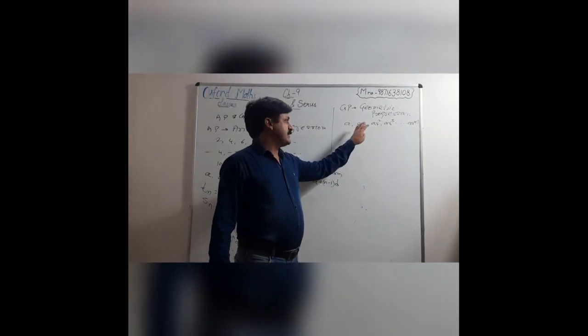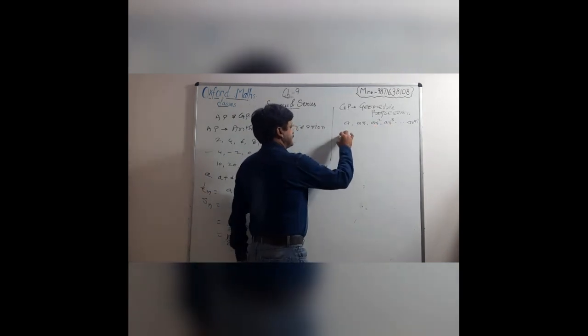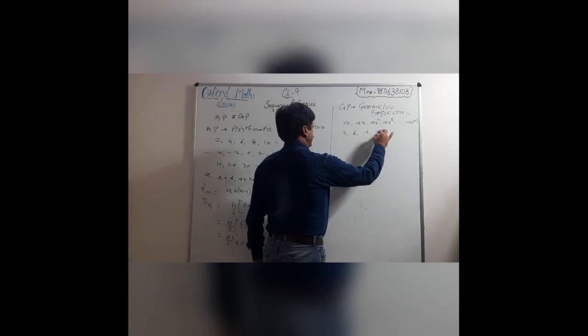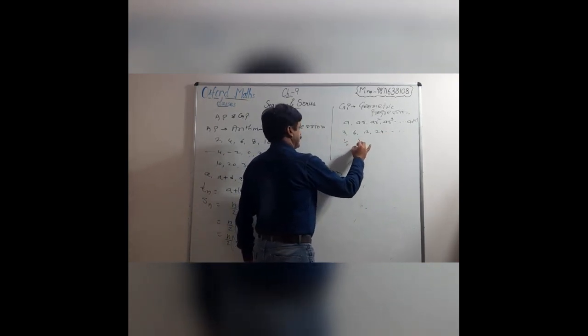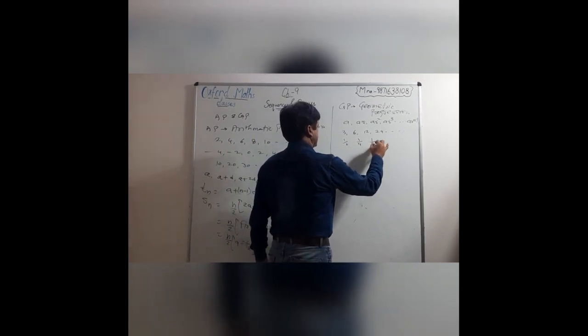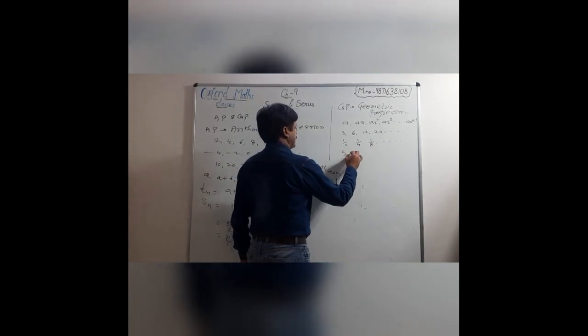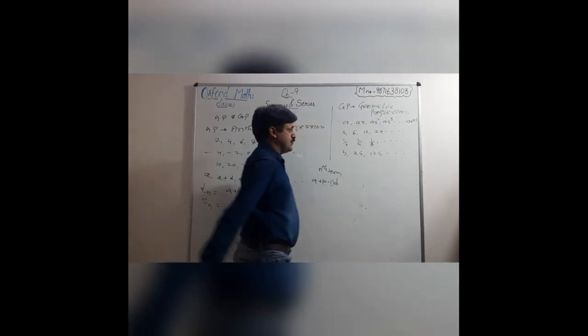The second term divided by the first is equal to the third term divided by the second, like 3, 6, 12, 24, and so on, or 1 by 2, 1 by 4, 1 by 8, and so on, or 5, 25, 125, and so on.